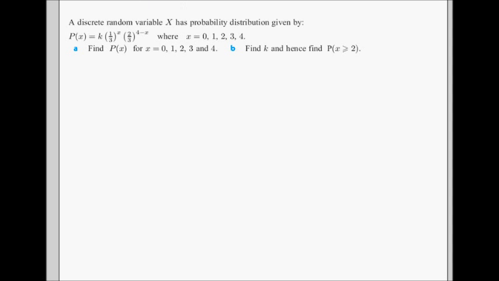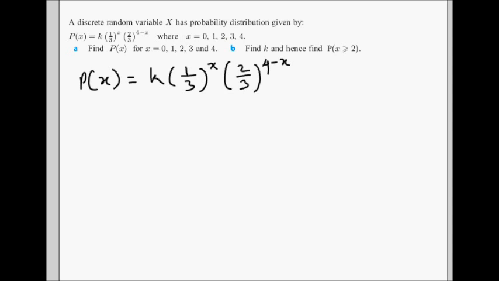So this is another example that we were supposed to be doing. You are given the probability distribution as a function, k times (1/3)^x times (2/3)^(4-x). For finding the values of P(0), P(1), P(2), P(3) and P(4), we need to just substitute the values of x as 0, 1, 2, 3 and 4.